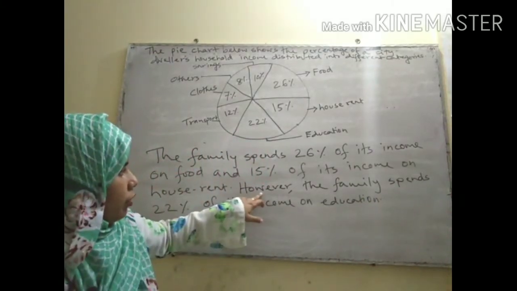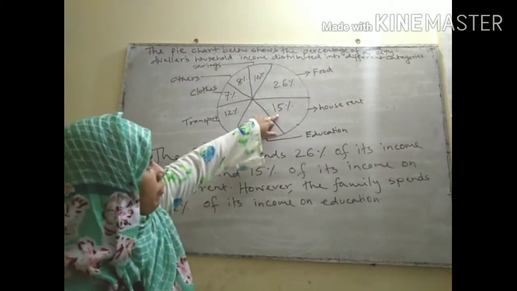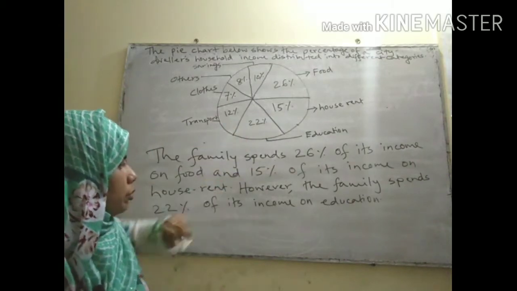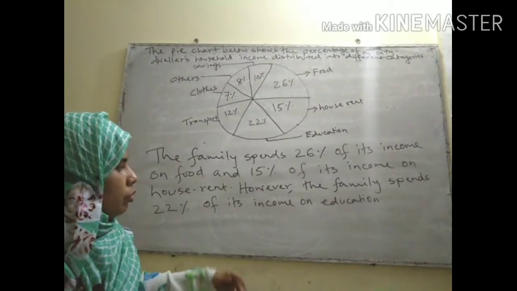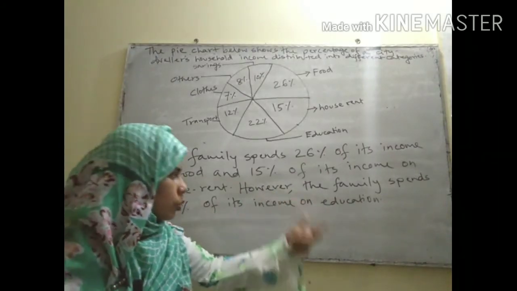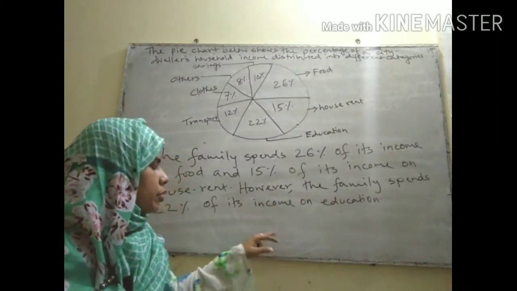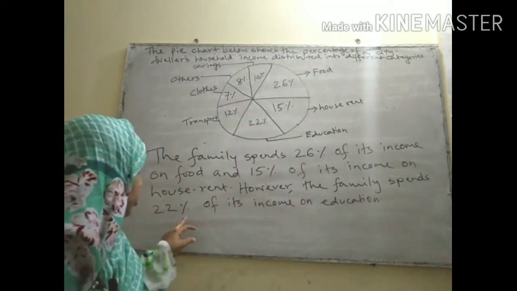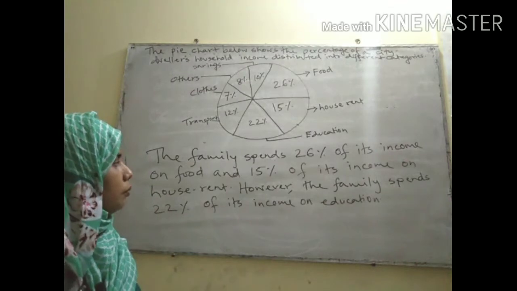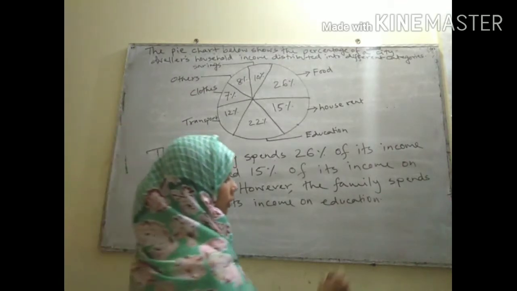I have written here however, because after 15% we are going to 22%. If you don't write this however, it doesn't matter, you can also write the family also spends, again the family spends, okay, it doesn't matter. So however, I have written however the family spends 22% of its income on education.